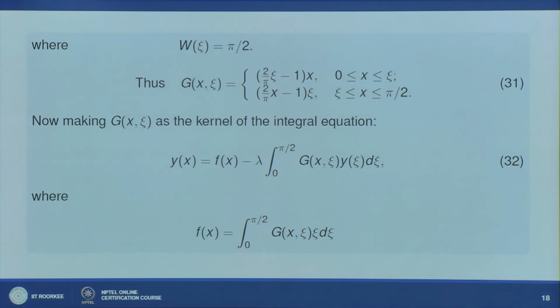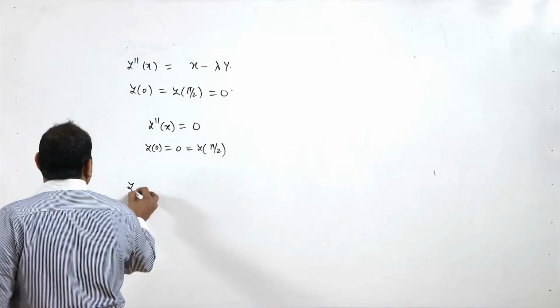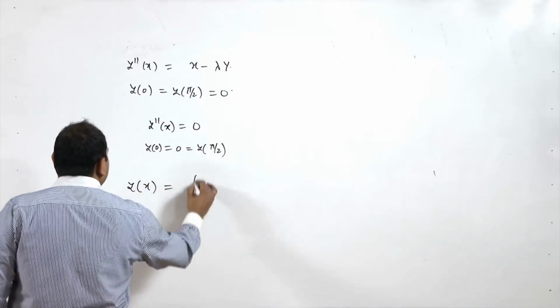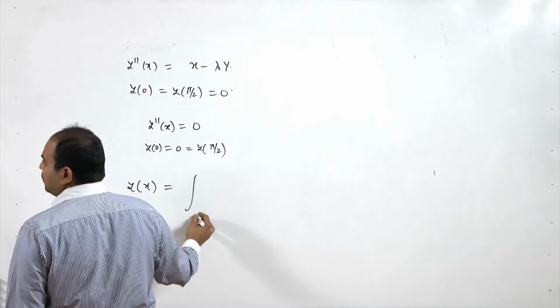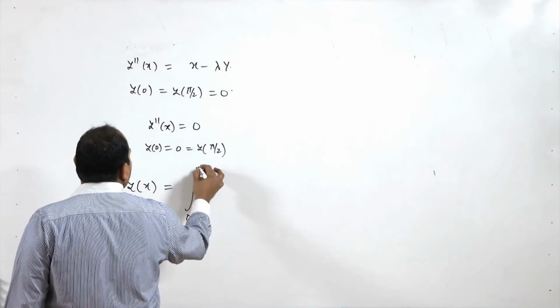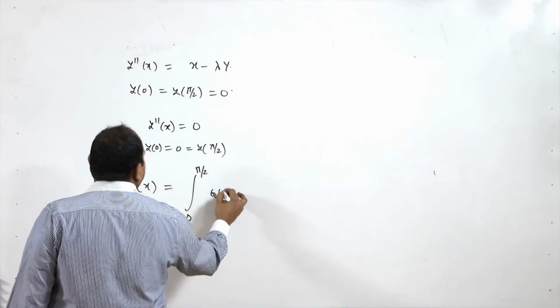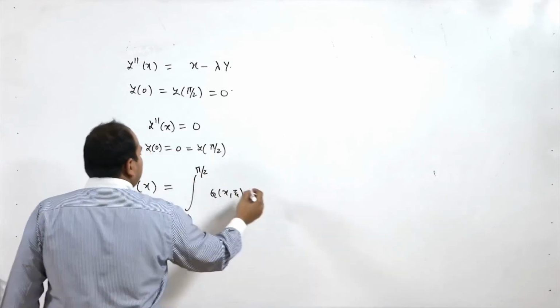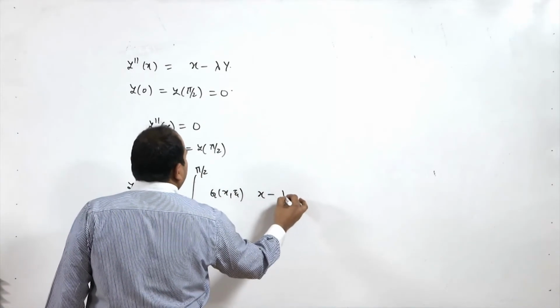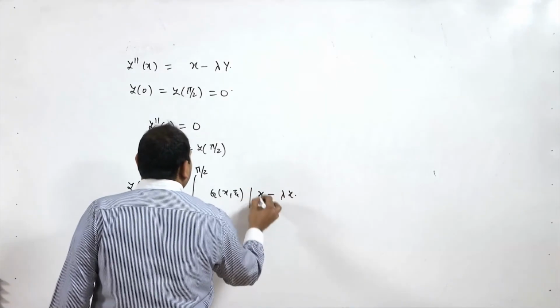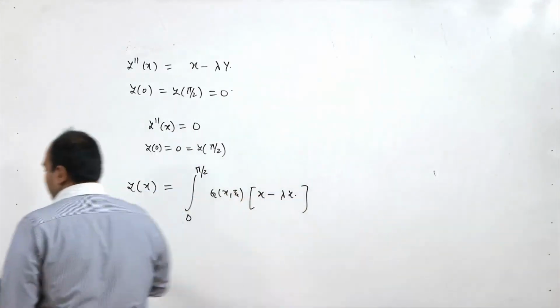Now it means that you can write y(x) = ∫₀^(π/2) G(x, ξ) (x − λy) dξ. Now this is f(ξ) here.